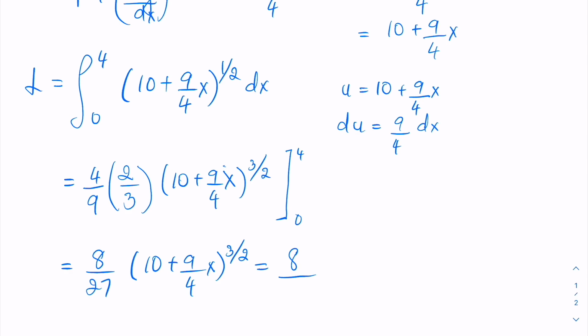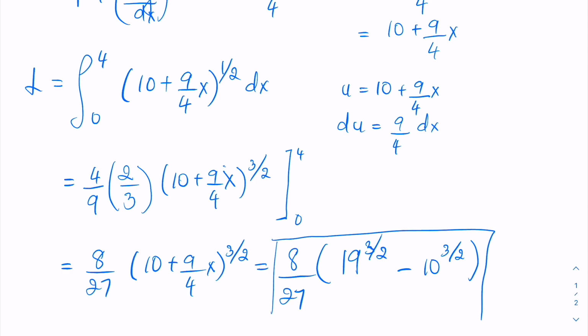So when I plug it in, I'm going to get 19 to the 3 halves minus 10 to the 3 halves. And I'm just going to leave my answer in the exact form like this.